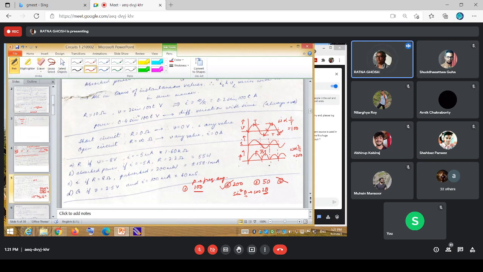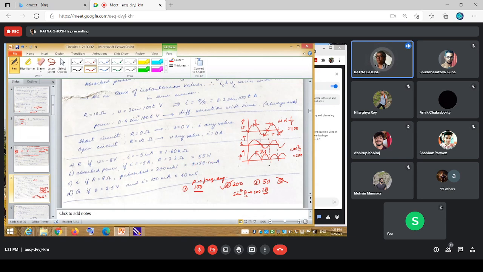If you have, how much is the current? Power absorbed is given and R is given. So naturally you can find out I square and then take the square root. However, since it is current that you are determining, note that it is not possible to determine just from this expression itself the direction. What is the direction of the current in that particular circuit? It could be in one direction or it could be in the reverse direction.